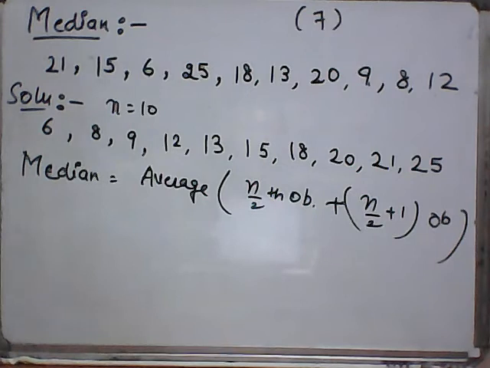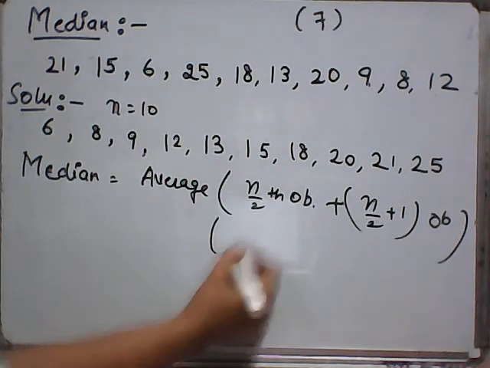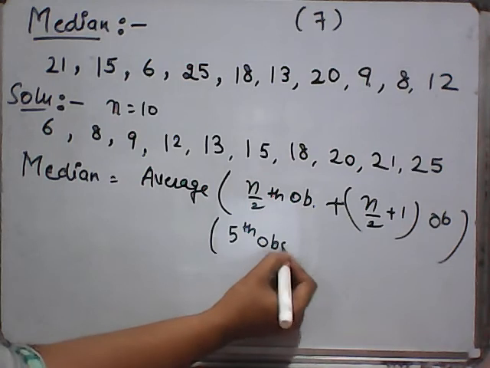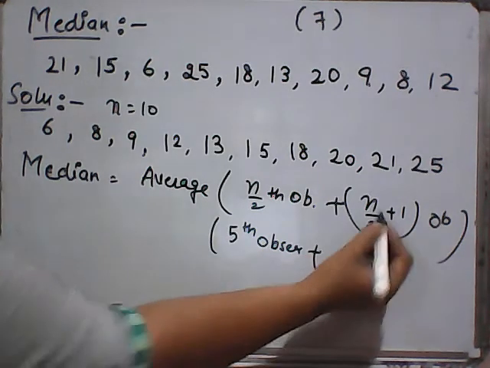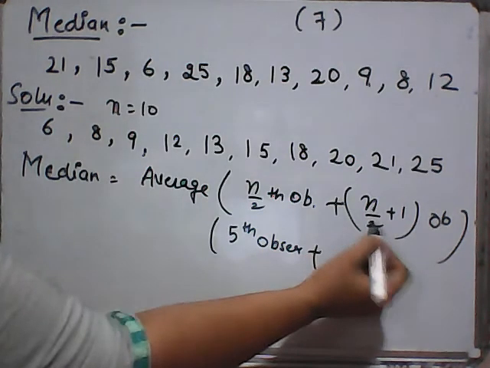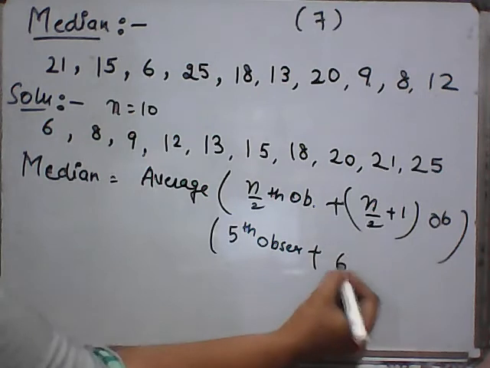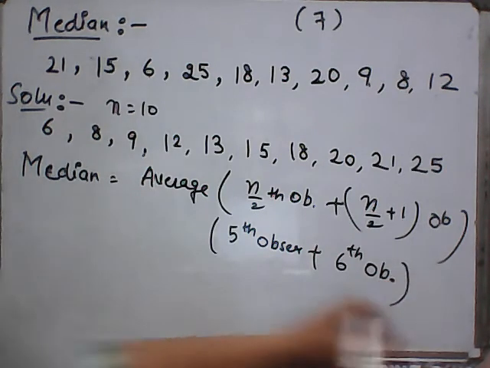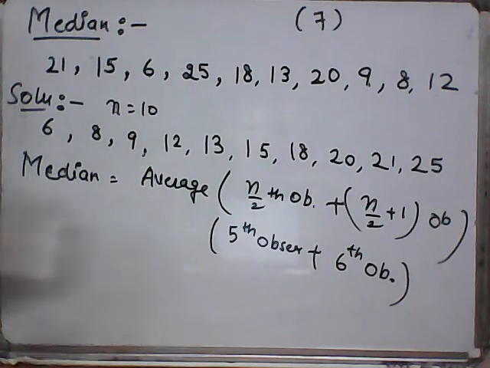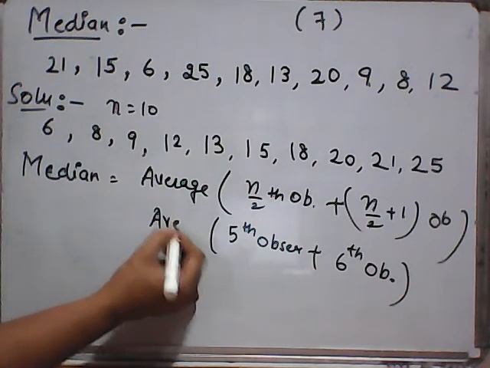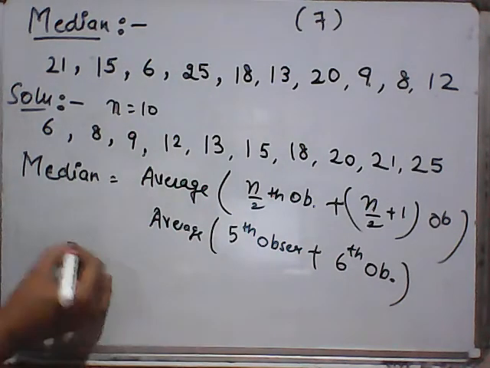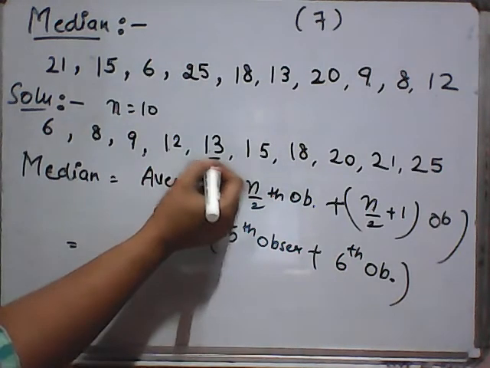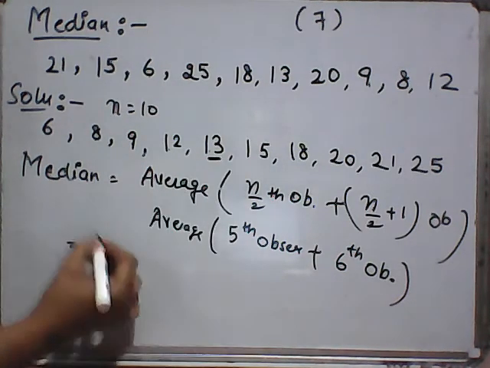So average of 10 by 2, which is the fifth observation, and 5 plus 1, which is the sixth observation. You have to find out the average of the fifth observation and the sixth observation. Now 1, 2, 3, 4, 5. What is the value of the fifth observation? 13.